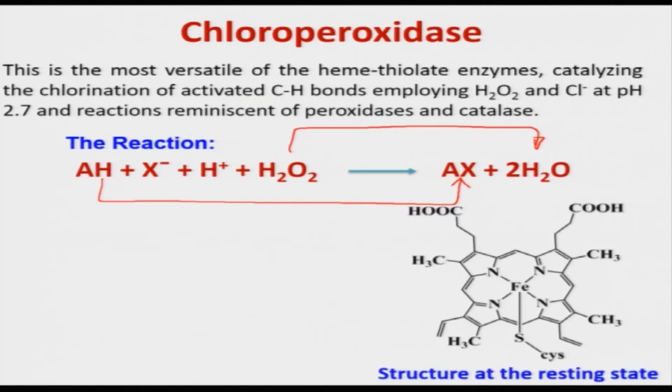This is the structure of chloroperoxidase at the resting state. As one can see here also, an iron metal is sitting at the center of this porphyrin ring, and there are 4 iron-nitrogen bonds, and the 5th position is cysteine sulfur, and iron is in the iron 3 oxidation state.